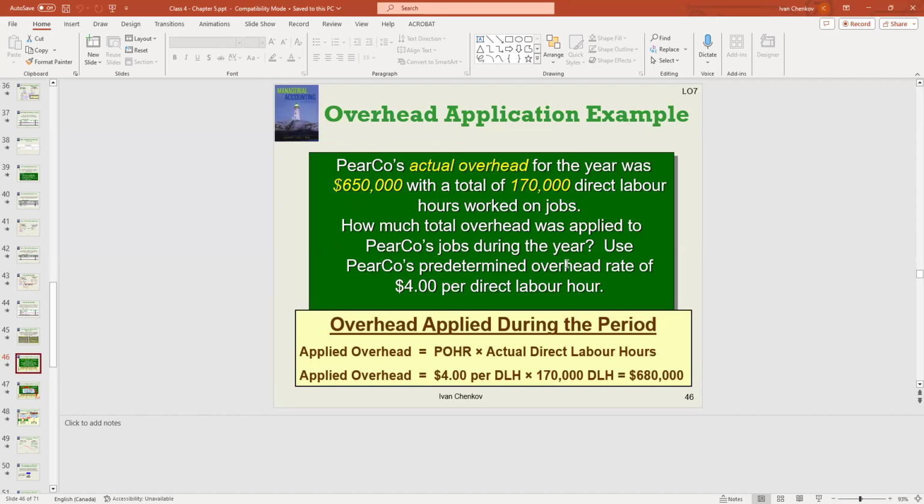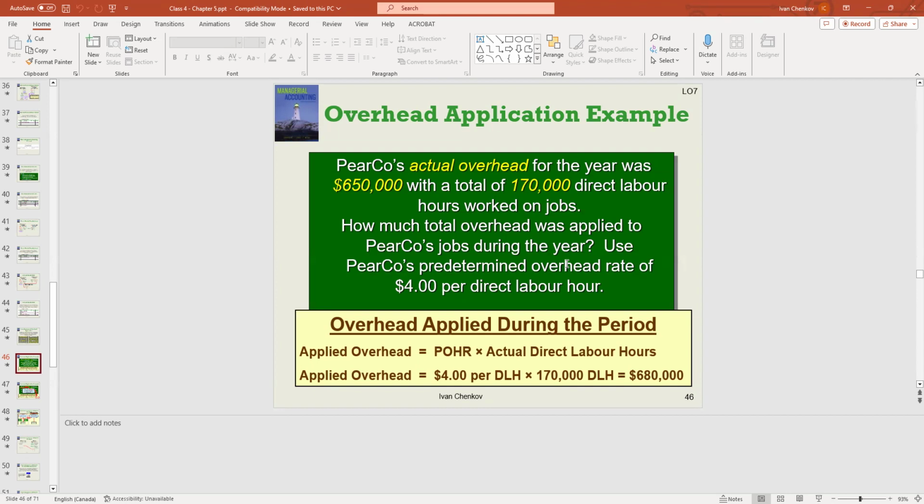They apply overhead using the predetermined overhead rate, $4 per hour times 170,000 hours. So how much cost did they apply as manufacturing overhead during the period? $680,000. So did they underapply or overapply? Overapplied.